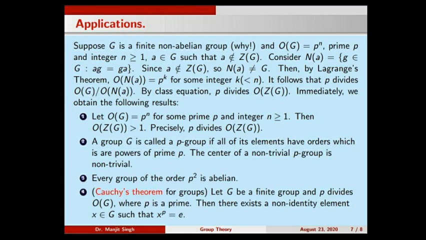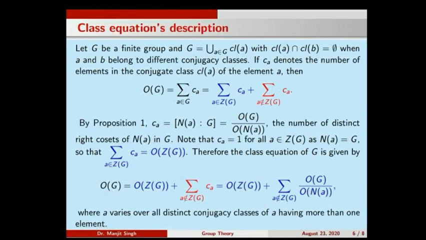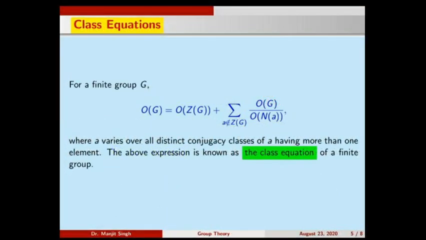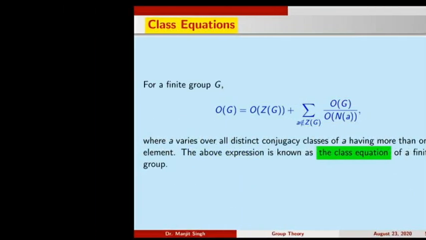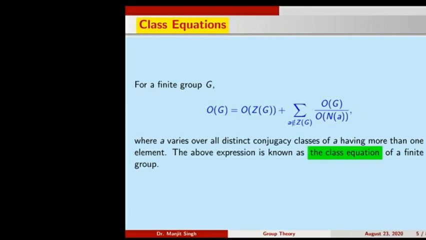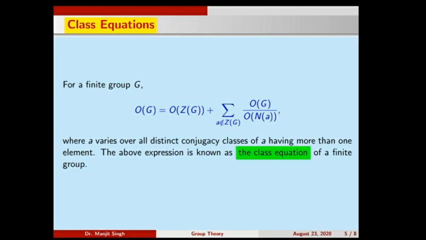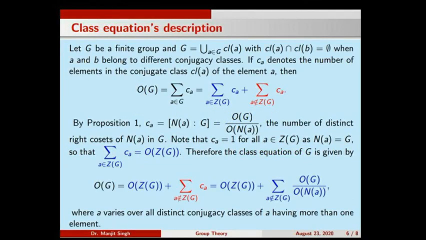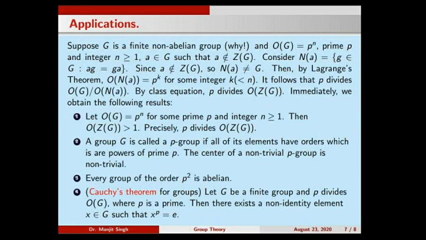So therefore, by the class equation, p divides this, and p also divides this for every a that does not belong to the center, so therefore p will divide the order of the center. So now you can see the first result: let order of G be p raised to power n, then order of G is greater than 1.